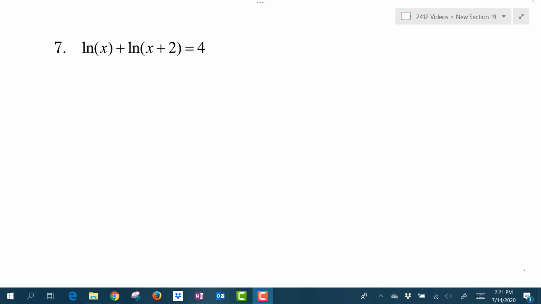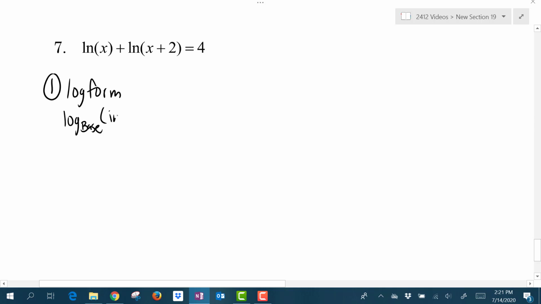In example 7, we're solving a log equation. The first step for solving a log equation is to rewrite the equation in log form. So we want one log with one base, with one input on the left-hand side, and on the right-hand side we want to get our exponent. In this case we have two different logs that are being added together.